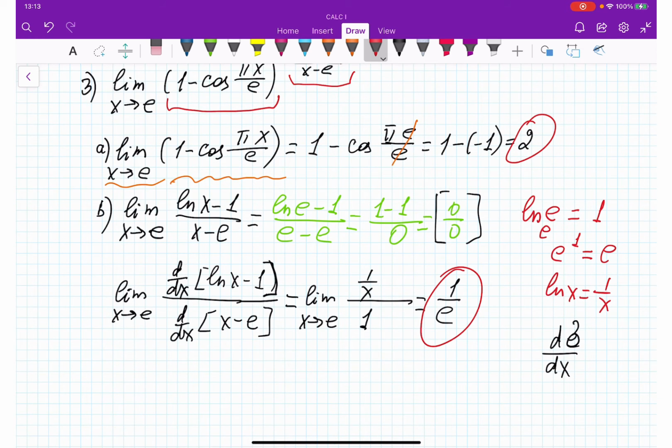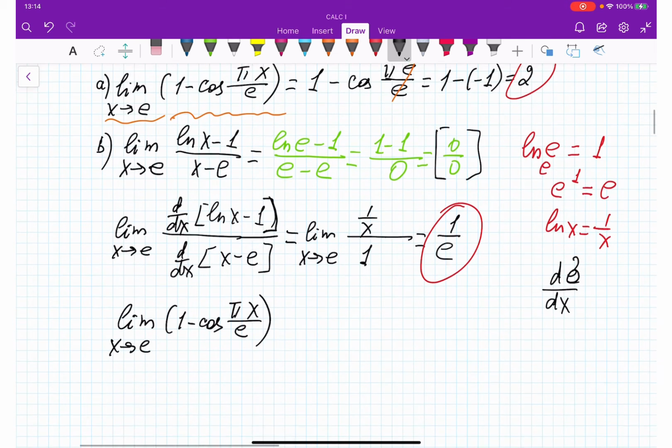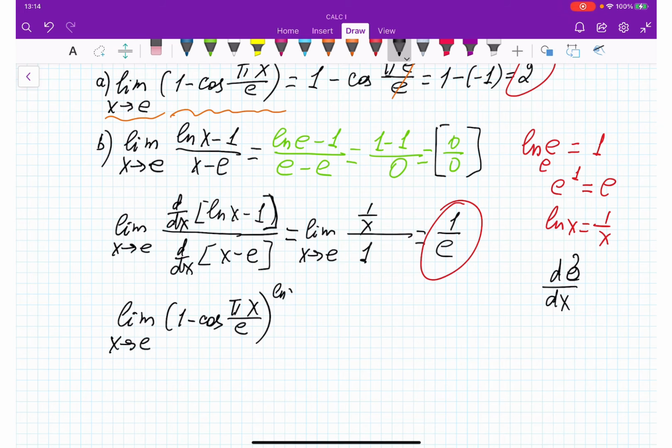So the final answer: the limit as x approaches e of 1 minus cosine pi x over e, to the power natural log x minus 1 over x minus e, is equal to 2 to the power 1 over e. And that's it. We arrived.